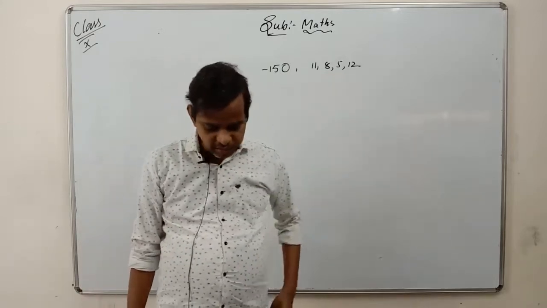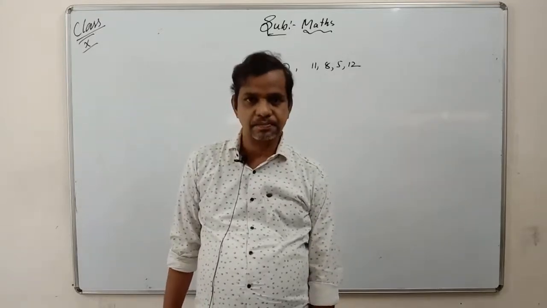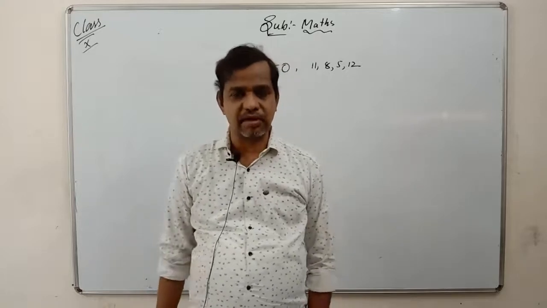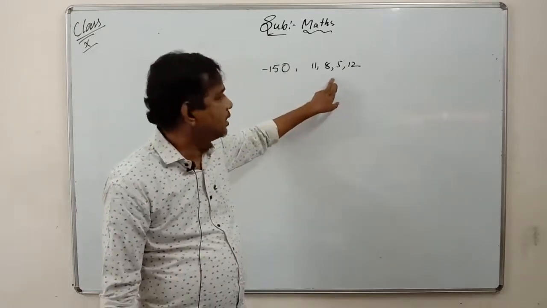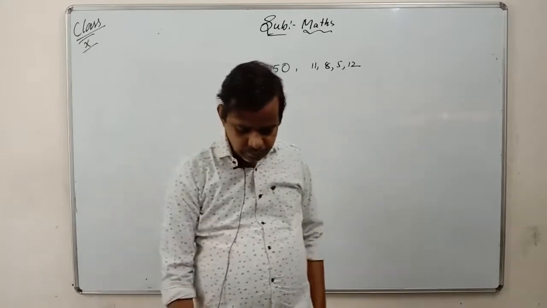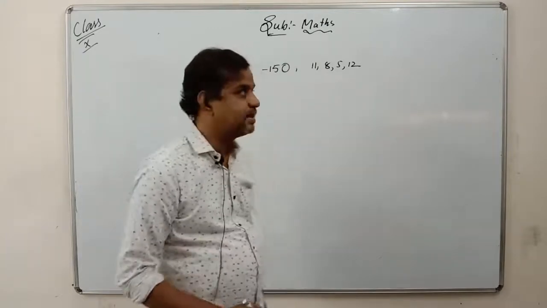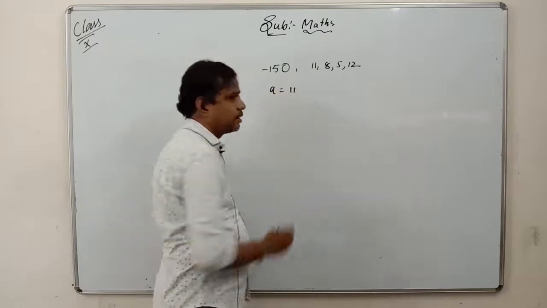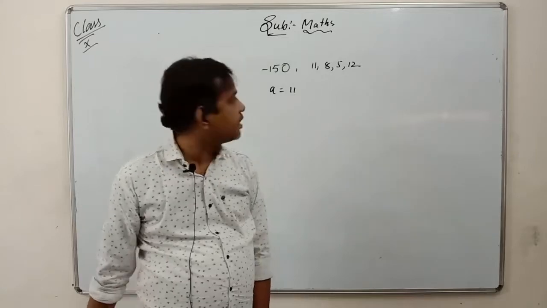So write down for the given series in AP, that is arithmetic progression, what is given here? 11, 8, 5 and 2. What is the first term? The first term a is 11. Now try to find the common difference.